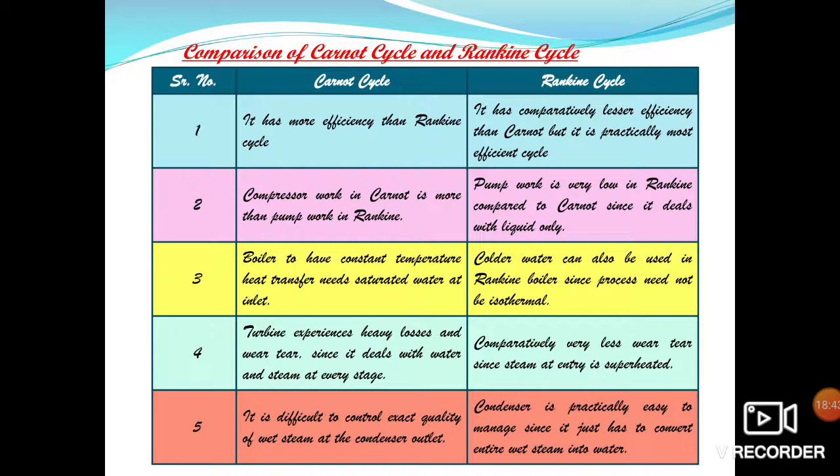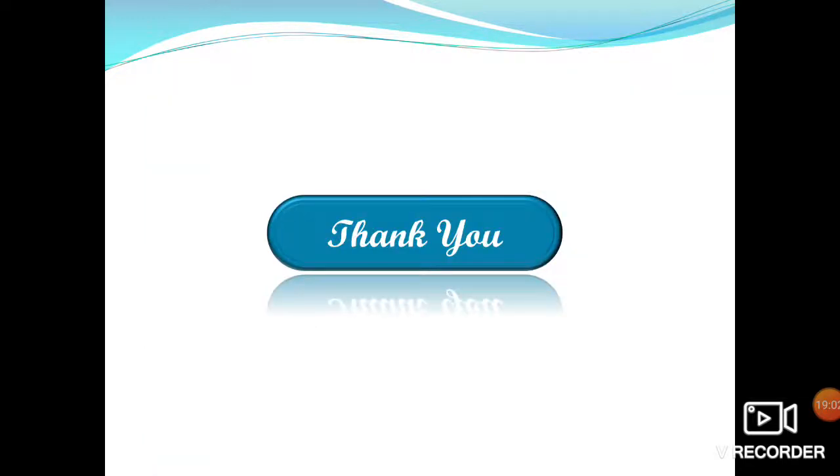So these are some of the comparisons we can find in the Carnot cycle as well as in the Rankine cycle, and because of this we mostly prefer the Rankine cycle in the steam power plant, which is practically possible. Hope you have understood what the Carnot vapor cycle and the Rankine cycle are, and the comparison between both.